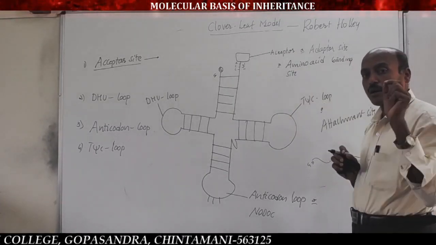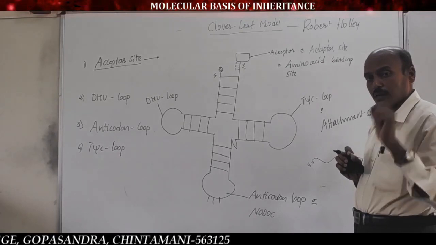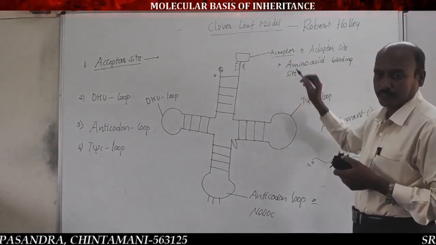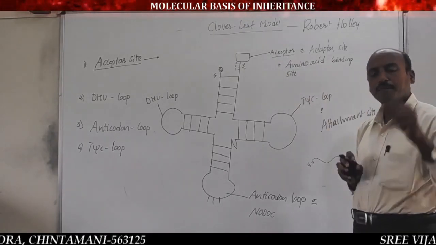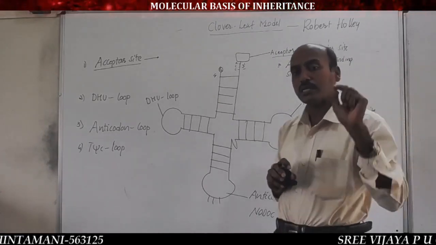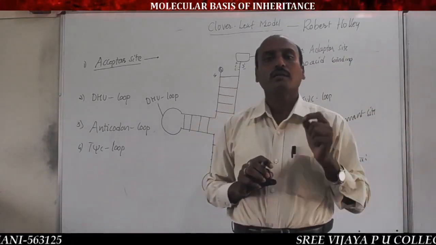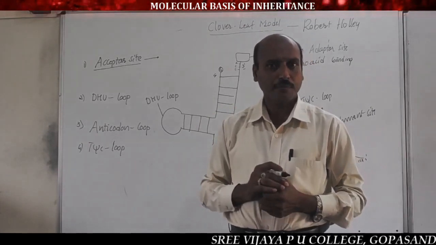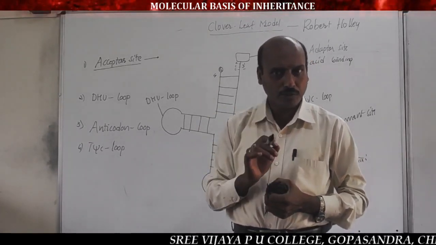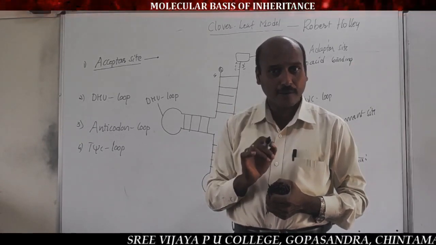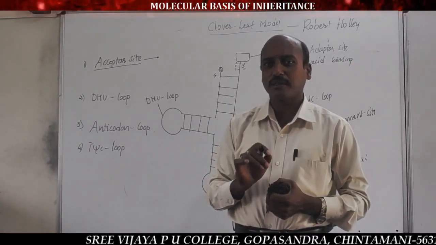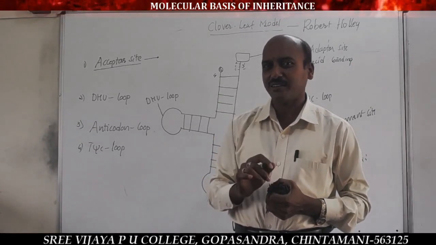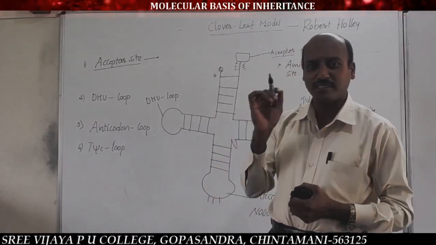So the amino acid binding site or acceptor site or adapter site present at the 3' end of tRNA ends with CCA nucleotides. Important, the specific activated amino acid binds to the 3' end during protein synthesis.